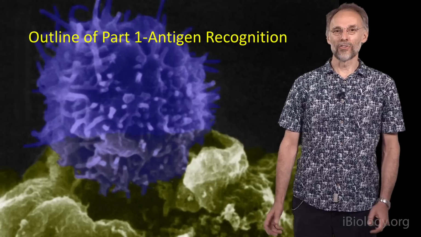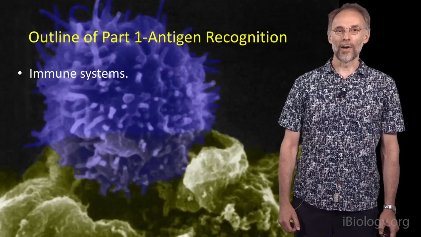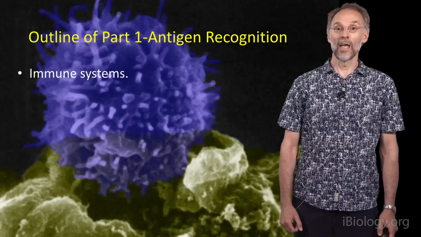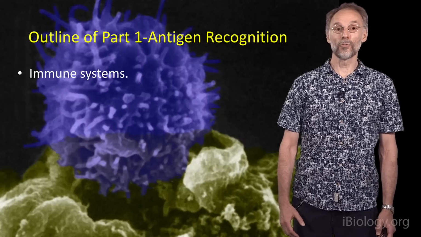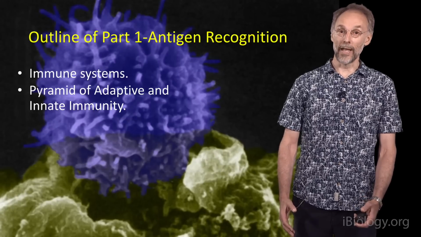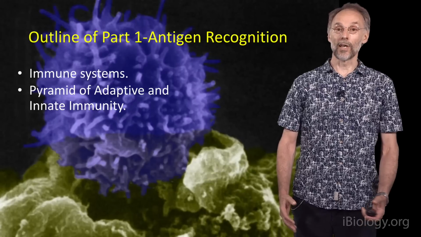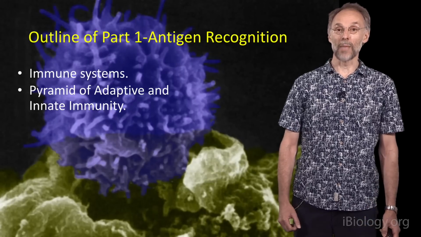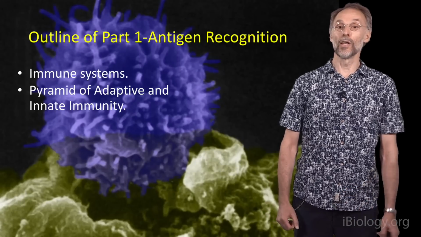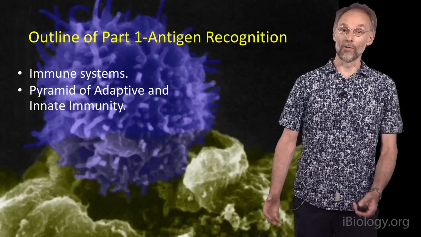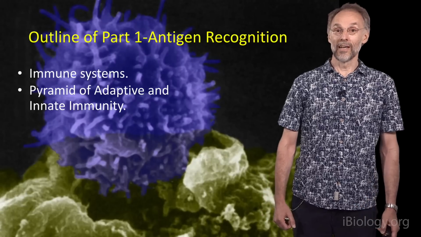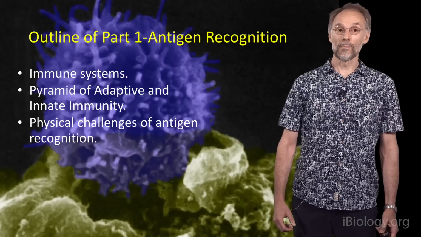So we'll follow this outline. I'll start with a general discussion of immune systems and their basic purpose, and the idea that there's innate immunity, which recognizes evolutionarily conserved patterns and sets up barriers to protect the host, and adaptive immunity, which can recognize any type of threat without any kind of prior experience of it, and how these systems work together.